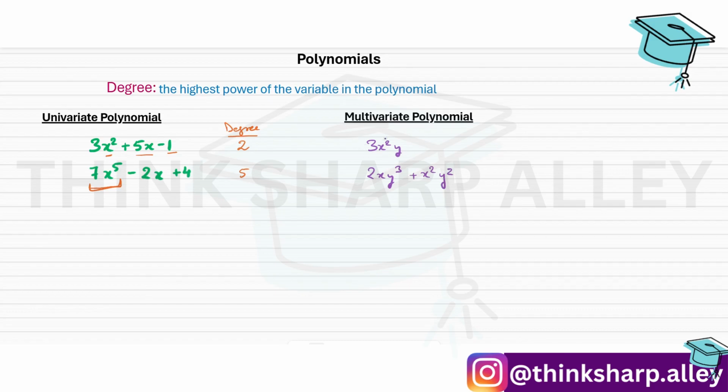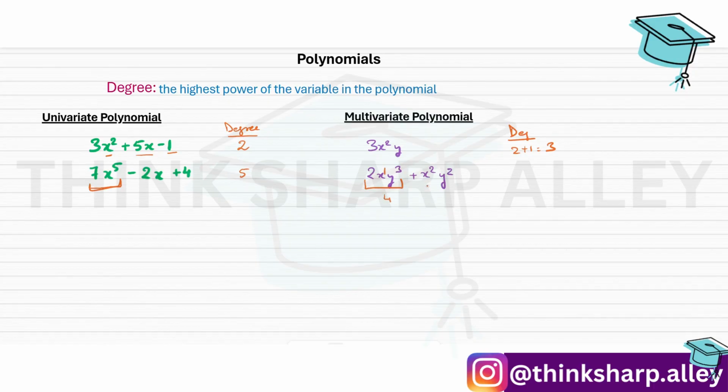So for example, this is a monomial 3x squared y. Here the power of x is 2 and power of y is 1. So the degree of this term is 2 plus 1, that is 3. And since it's a monomial, the degree of this term becomes the degree of the polynomial. Similarly over here in the second one, degree of the first term, 3, and power of x is 1 over here.